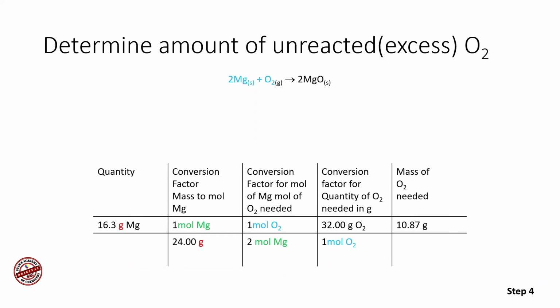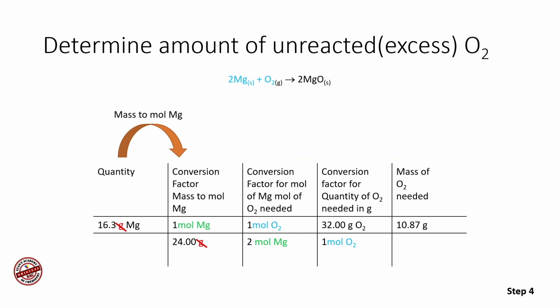So if you write the fraction like we did earlier, we are going to compare 16.3, which is magnesium, and change it into number of moles. So the quantity in grams is converted into moles. Then we convert the moles into the corresponding amount of oxygen that will be used up in moles, and then convert that back into grams.